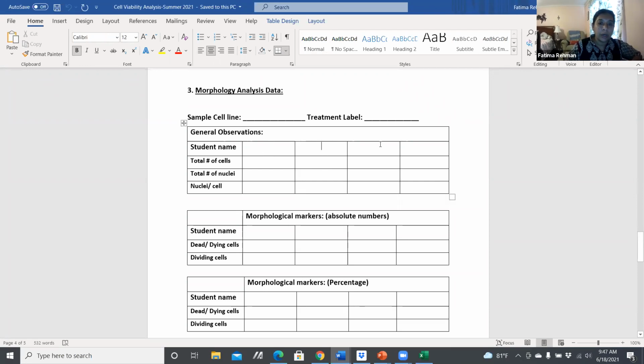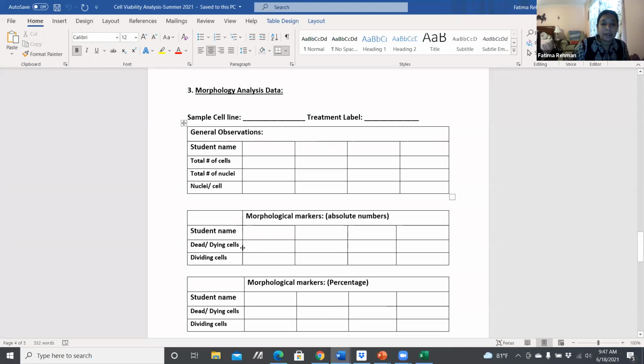So you'll write your names, and then you'll write what number of cells and what number of nuclei you found in your image, the same image. Remember, it's the same image being looked at by 4 different people. And I want you not to do this collaboratively, but individually, because I want you to see how those numbers can be a little bit variable, even using programs like ImageJ, when different people are looking at them.